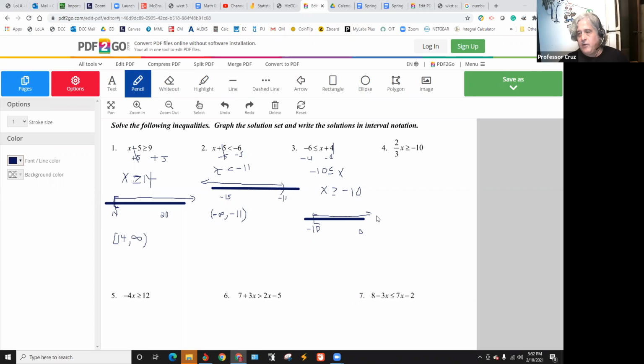And then we're just going all the way up to infinity there. All right, so the interval notation, we just bring that symbol down. And then the arrow means it's going in that direction to infinity.